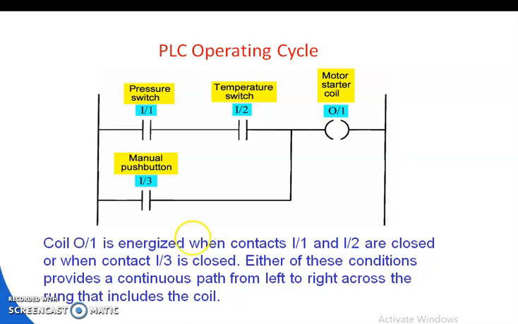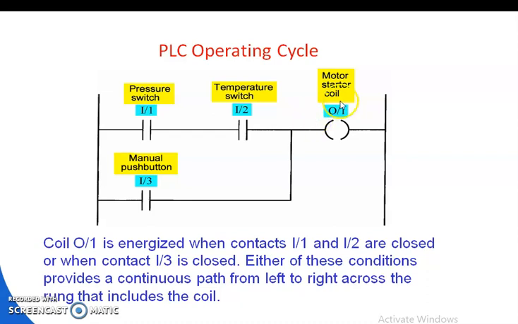It means the coil O/1 is energized only when both contacts I/1 and I/2 are closed, or when contact I/3 is closed. Either these two are closed at a time or only this button is closed, then the motor starter coil is energized.